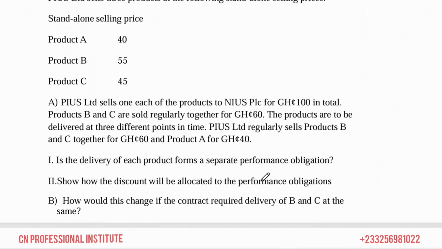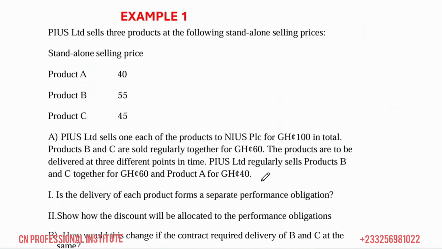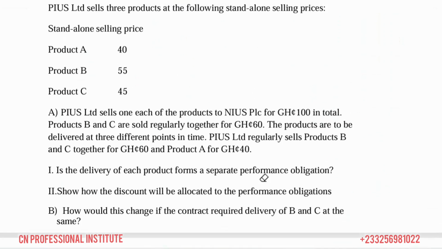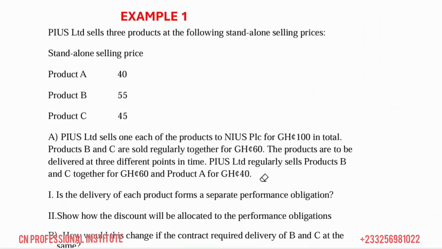So let's try this question. We are told that Pius Limited sells 3 products at the following standalone selling prices. Product A 40, product B 55, product C 45.